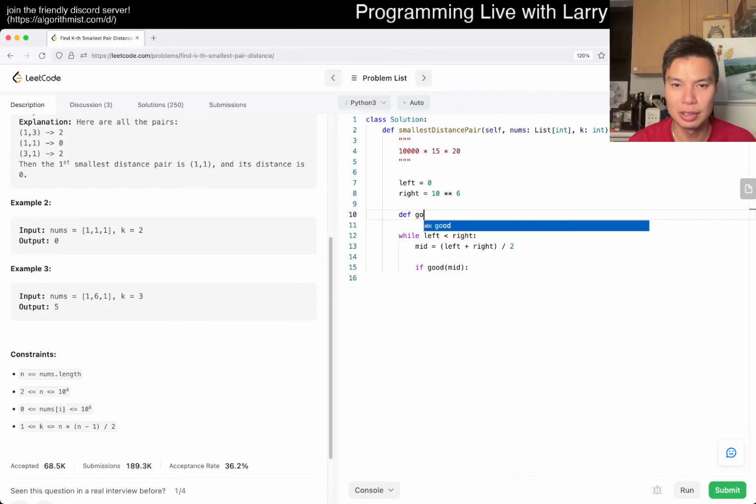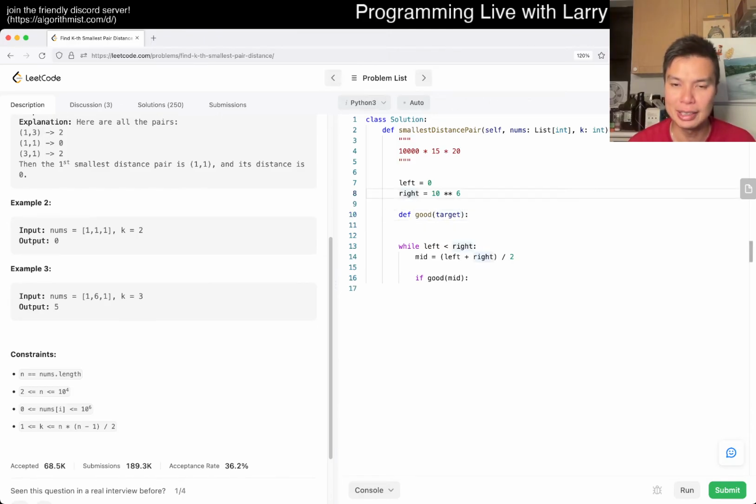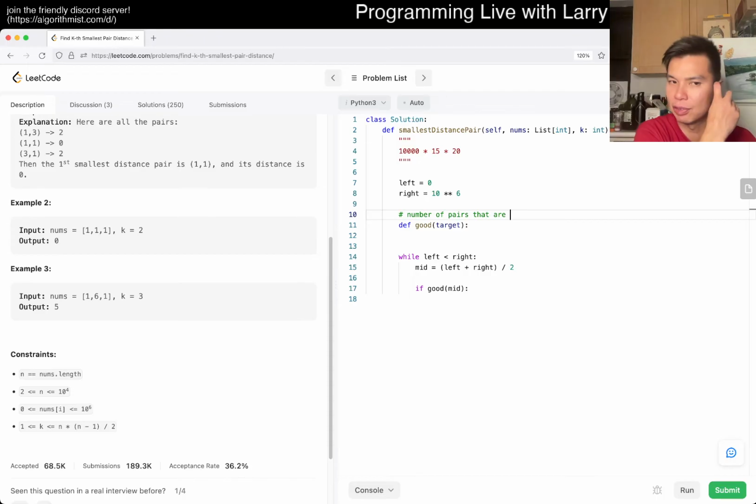So good of target, right? What's the target? Target is such that the number of pairs that are, we might have to change that. I'm not clear on this one because I always get these things off by one. But what does finding the k-th pair mean?